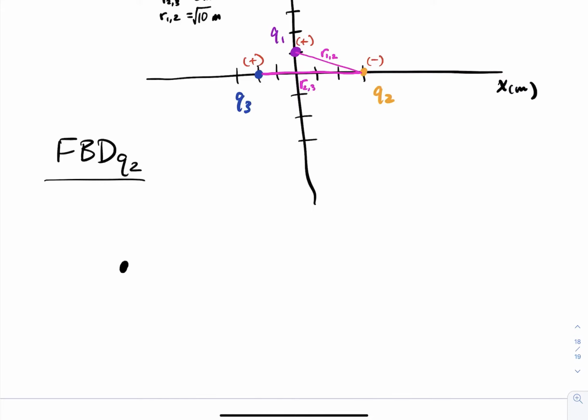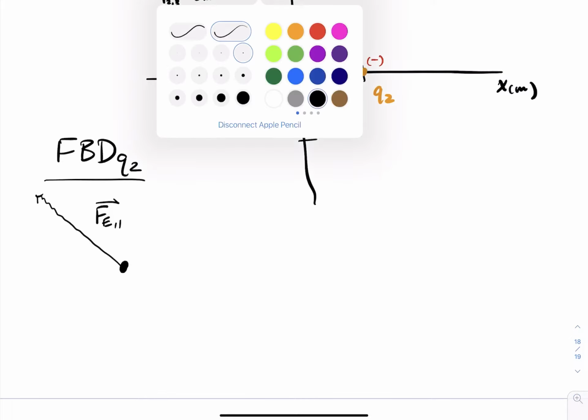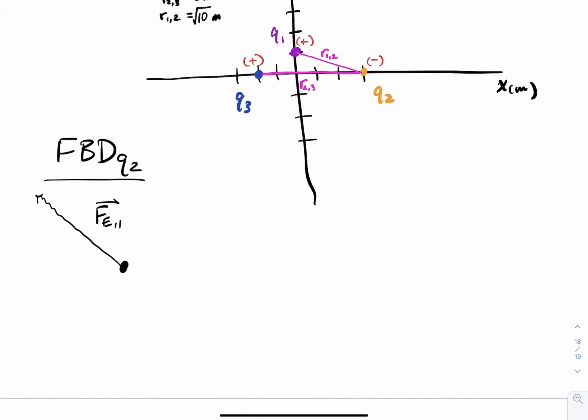I'm actually going to make it even longer. That's Fe from Q1. And then the second force on this will be attractive and smaller, Fe from Q3.